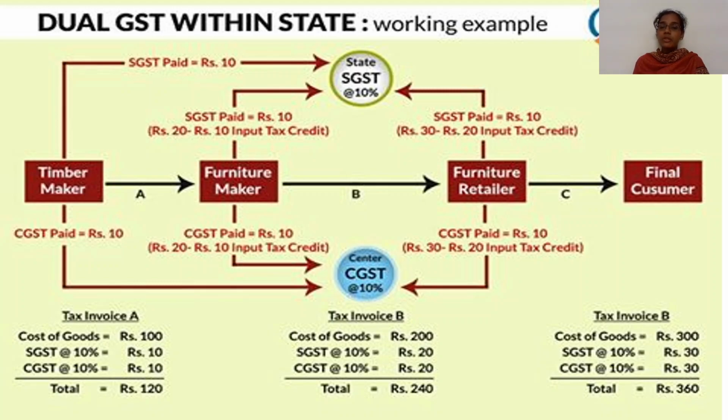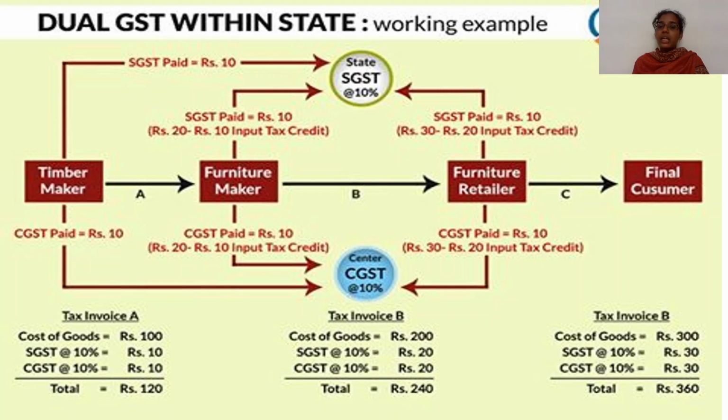Then the furniture retailer sells the product to the final consumer. In such a case, it is also an intrastate transaction where SGST and CGST are charged, and he is charging 30 rupees of GST in SGST and CGST. He has already paid 20 rupees on his purchases, so of these 30 rupees, he will claim 20 rupees as input tax credit, and the remaining 10 rupees would be paid towards SGST.